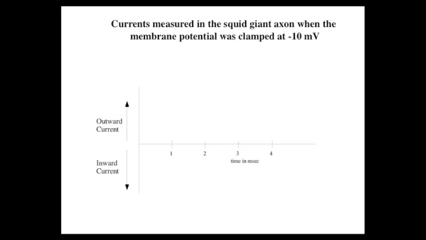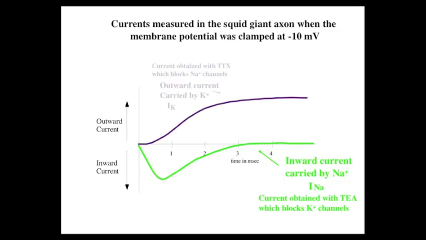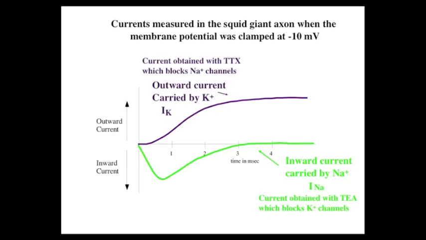So these are the currents measured in the squid giant axon when the membrane potential was clamped at minus 10 millivolts. There is a pure inward current carried by sodium, and that's the current one sees when you block the potassium channels with tetraethylammonium. And then there's a pure outward current carried by potassium.